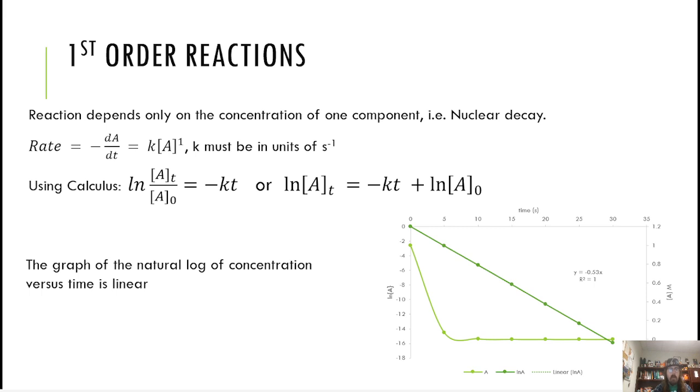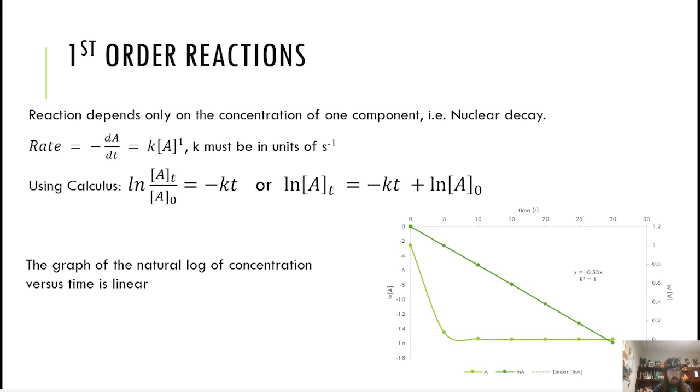So with that in mind, when we look at our differential rate law, we integrate this. I can show you the integral, but you don't really need to know the integral. I'll show it just briefly, and then we're going to wave our hands.